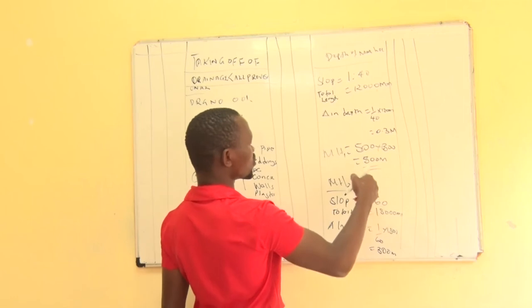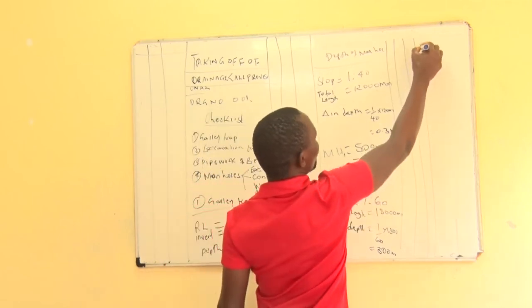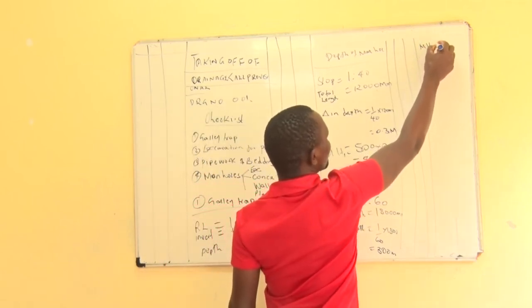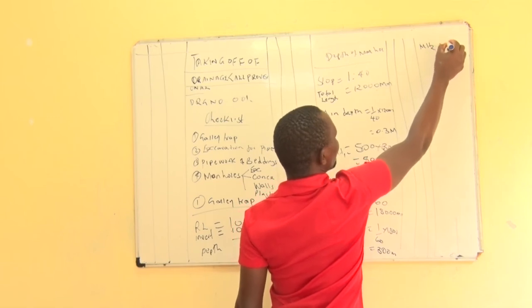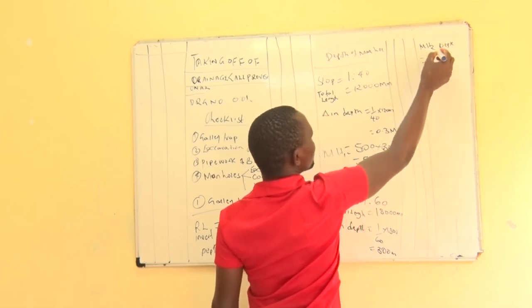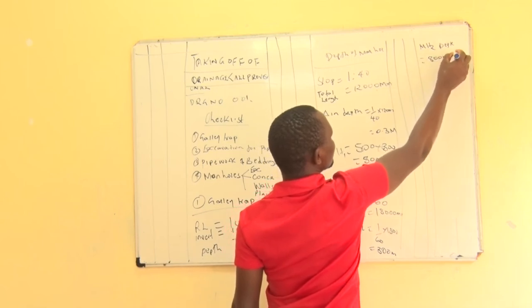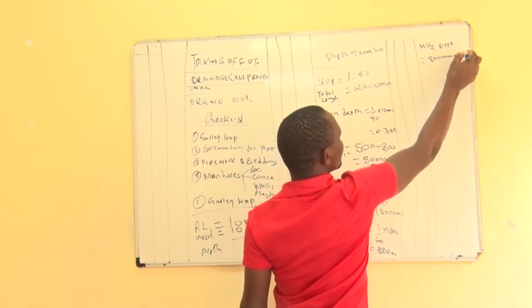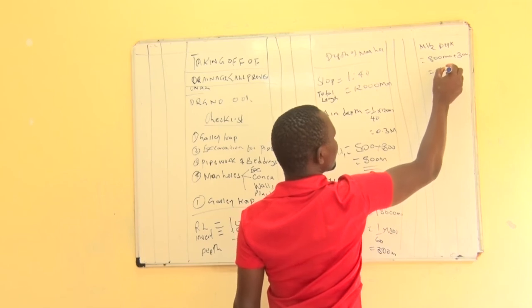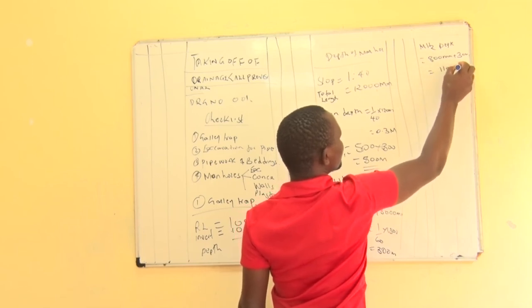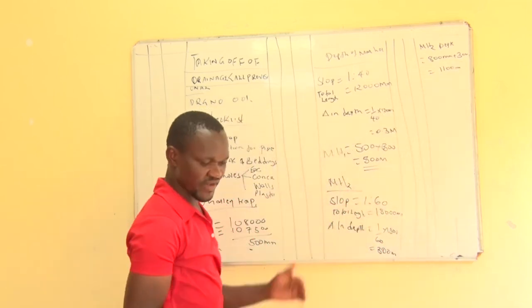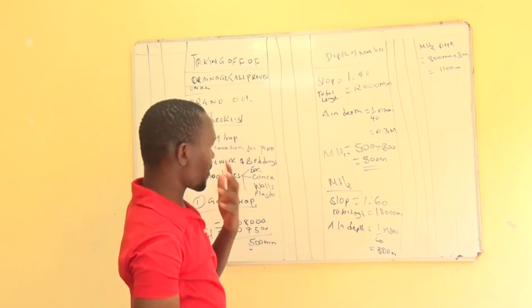We had 800 plus 300. So manhole 2 depth will be 800 millimeters plus 300 millimeters, giving us 1100 millimeters. So this is the depth that we're going to excavate from manhole 2 to manhole 3.